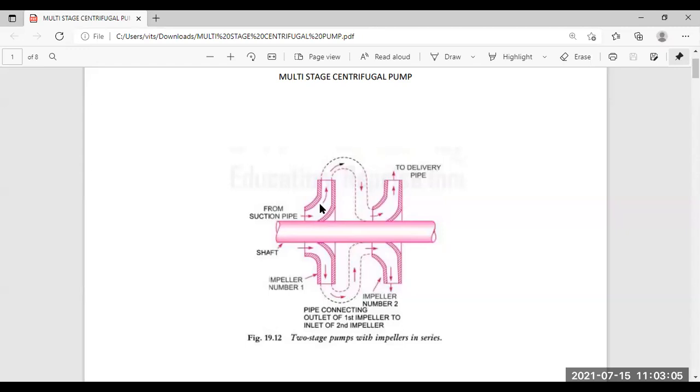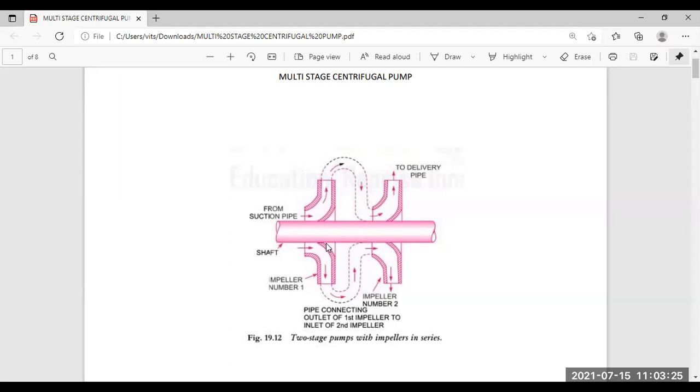In this case, the impellers are mounted on the same shaft or different shafts. In this figure, impellers are mounted on the same shaft. We have another arrangement also. Either we can arrange the impellers on the same shaft or on a different shaft.